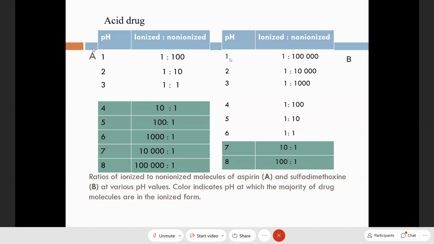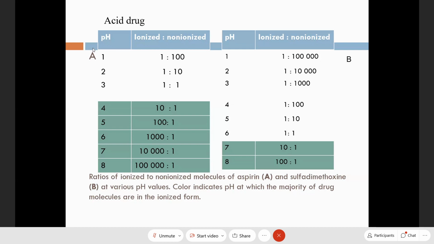So at pH 1, this sulfur drug in the stomach will readily penetrate the cell membranes. As the pH increases, at 7 and 8, when it's more in the ionized form, there is less penetration.